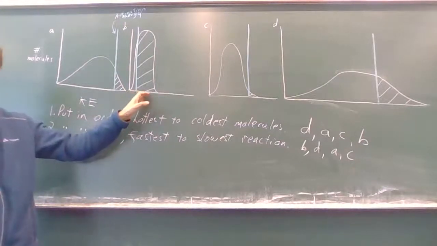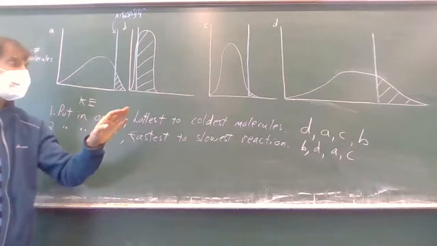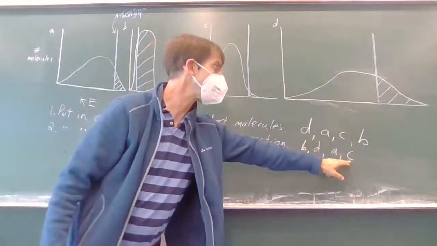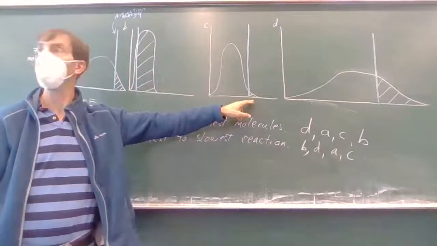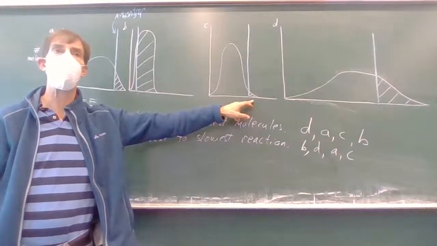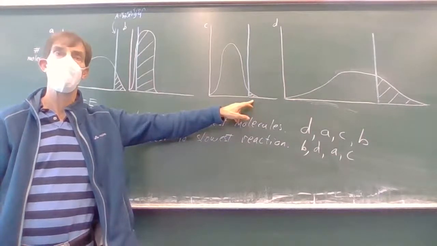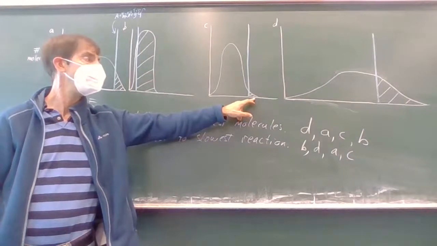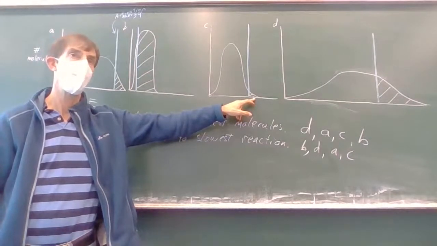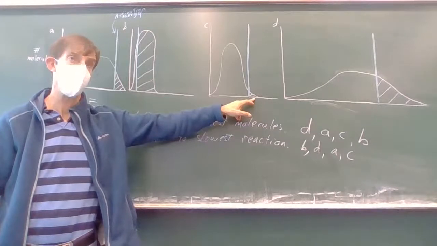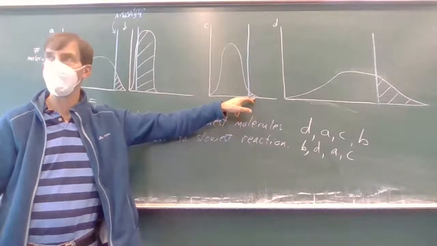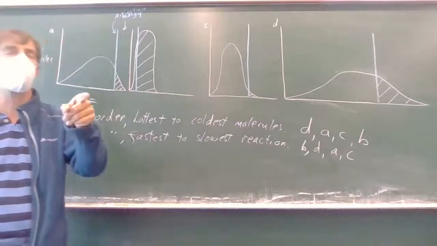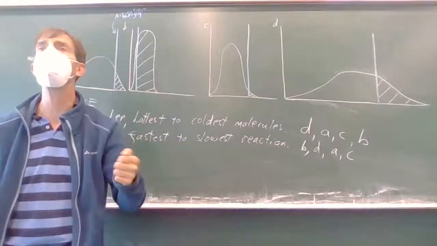Lots and lots of them do. Why is this one the slowest? C. Describe it for me. Why is that one the slowest? Coco. Because it has the smallest amount of molecules that react. Yeah. Because it's the smallest amount of molecules that have enough energy.